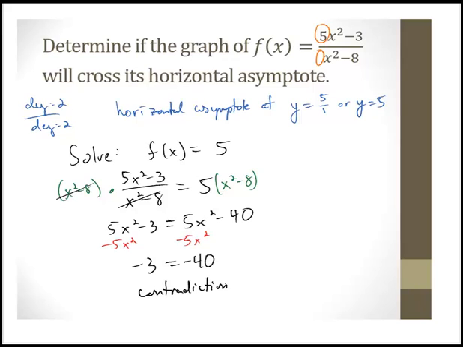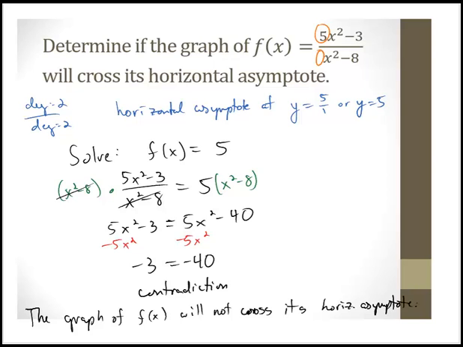And so therefore, the graph of the function will not cross its horizontal asymptote. If we had solved that equation and gotten real x values as solutions, then we would have places where it crosses the asymptote.